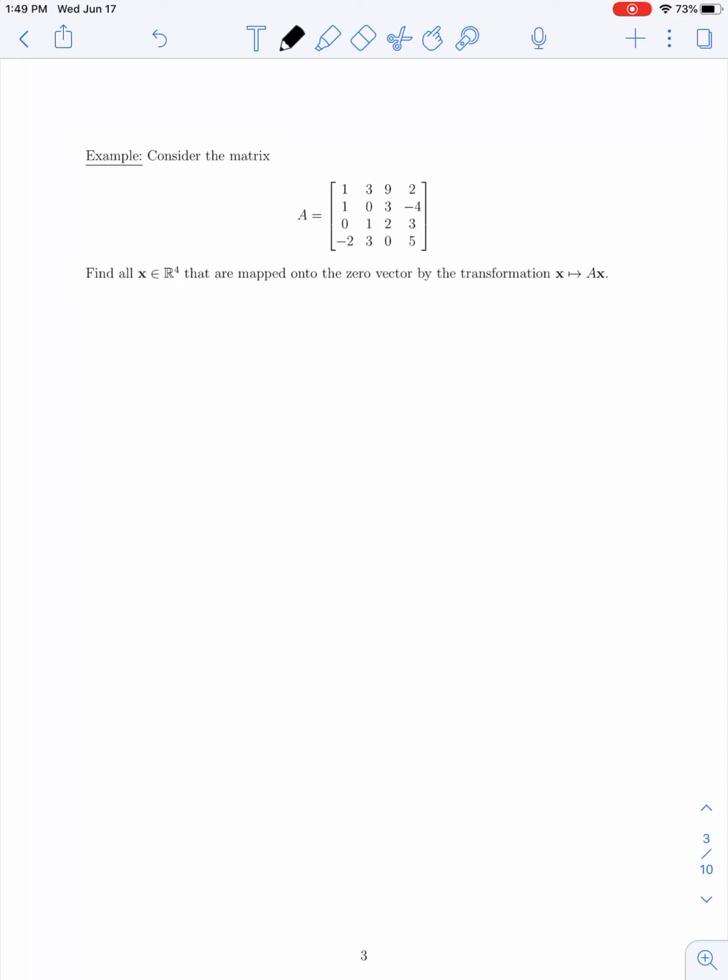All right. So in our next example, we have a matrix A, which is a little bit larger matrix. Here we have a 4 by 4, and we are asked a similar question to what we saw in the previous example. Here, we want to find all of the vectors x in R4, which would be mapped to the 0 vector by the transformation defined by x being mapped to A times x.